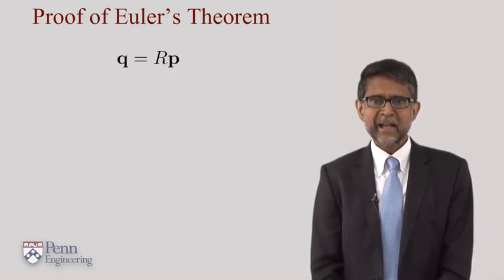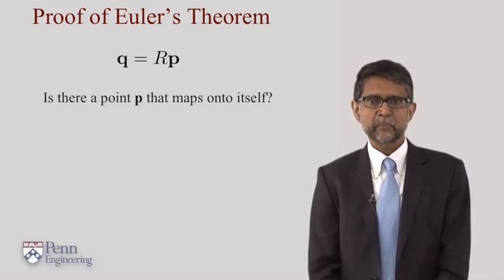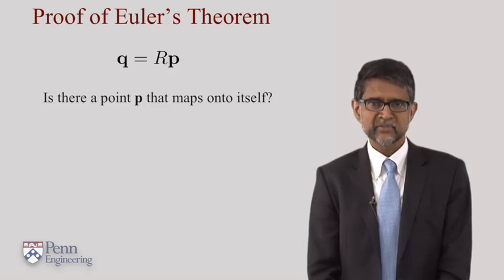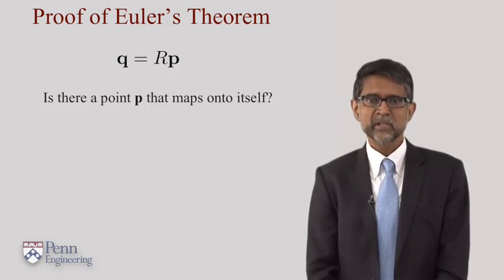So again, going back to the basic equation where P gets rotated into Q, the question we ask is: is there a point P that maps onto itself? If there were such a point, then that point P would define the axis of rotation.